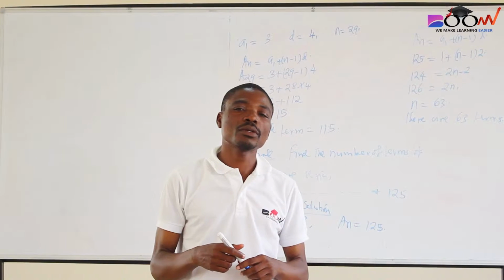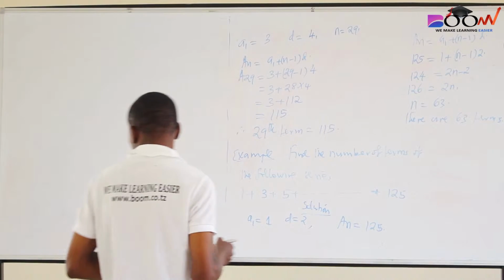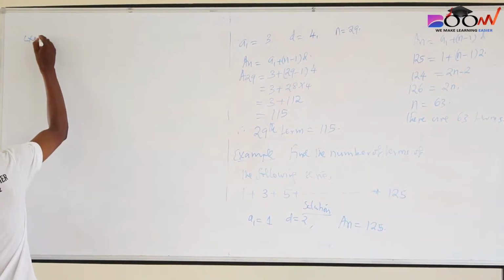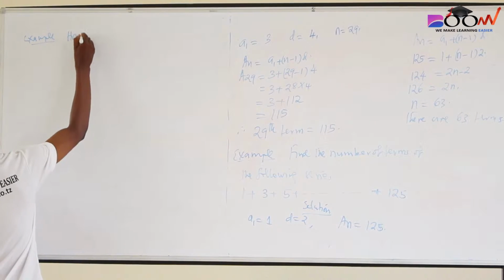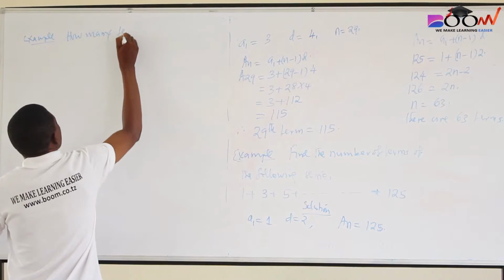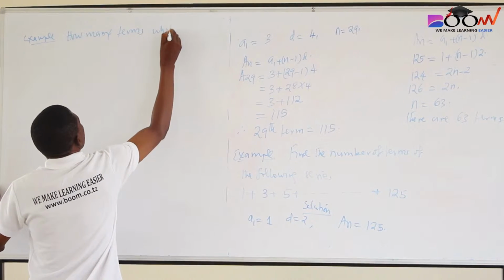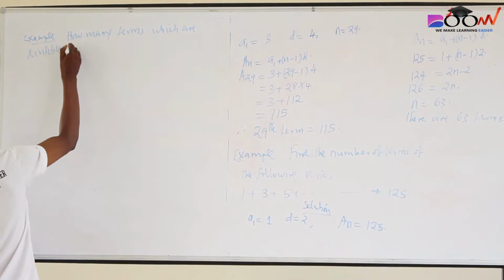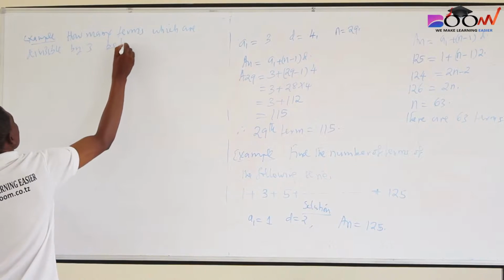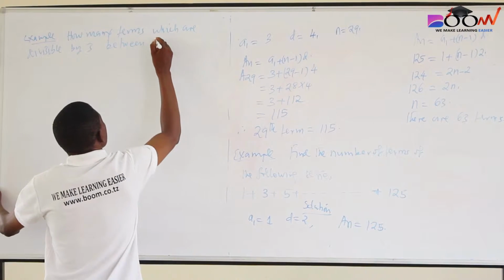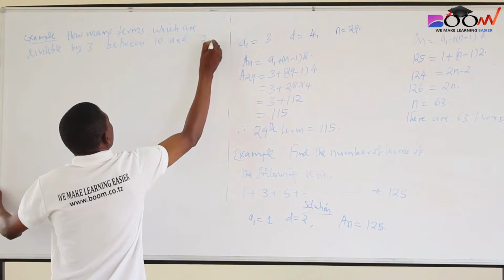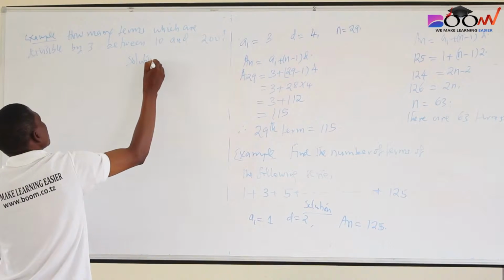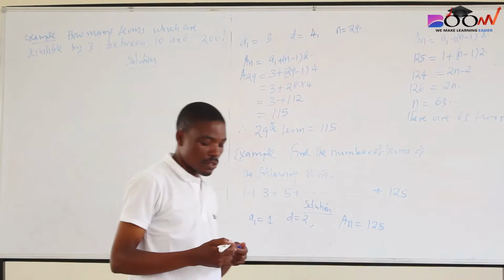Another question you may be asked, let's say, is how many terms are divisible by 7 or by 5, whatever. For example, let's say: how many terms are divisible by 3 between 10 and 200?